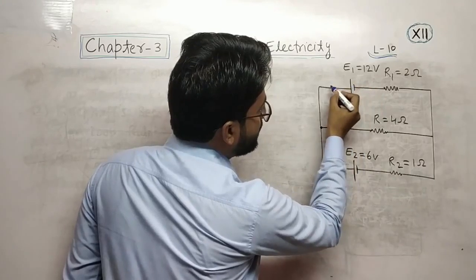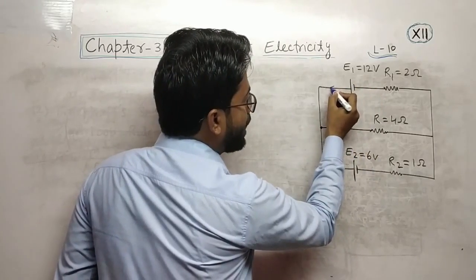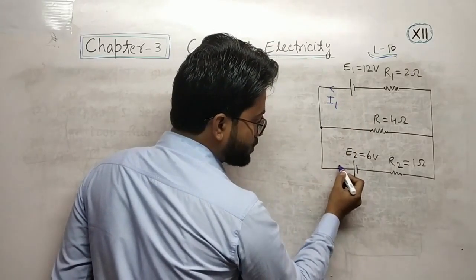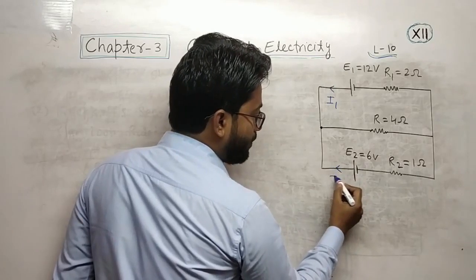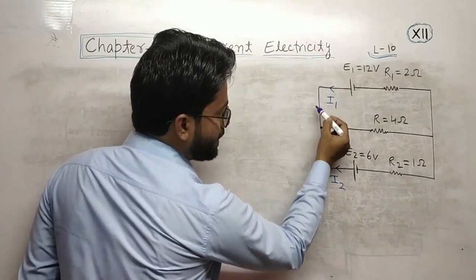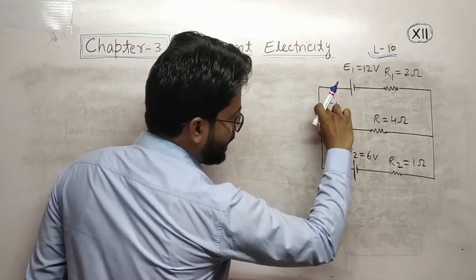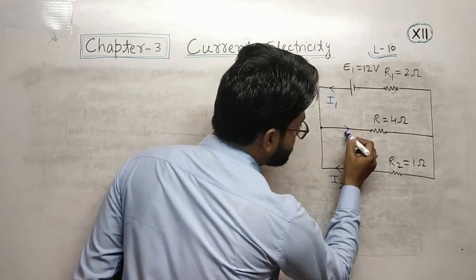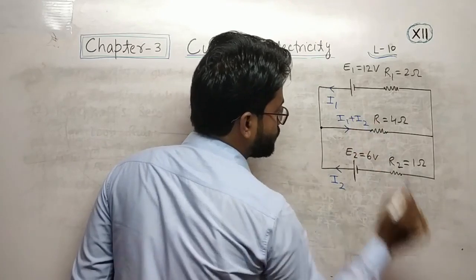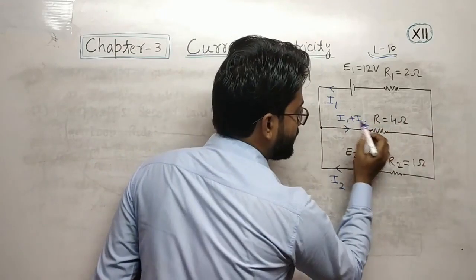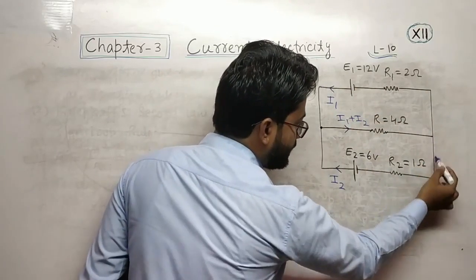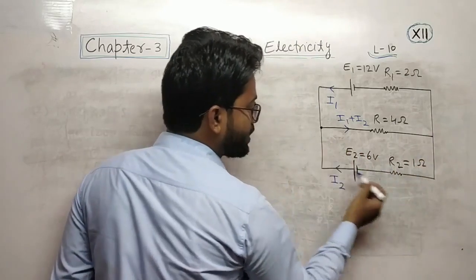This is a positive terminal, current may come out from the positive terminal, let us suppose I1, and this is also a positive terminal, current may come out from this terminal, that is I2. On adding these two currents, the net current in this branch is I1 plus I2, in this branch the current is I1, and in this branch the current is I2.